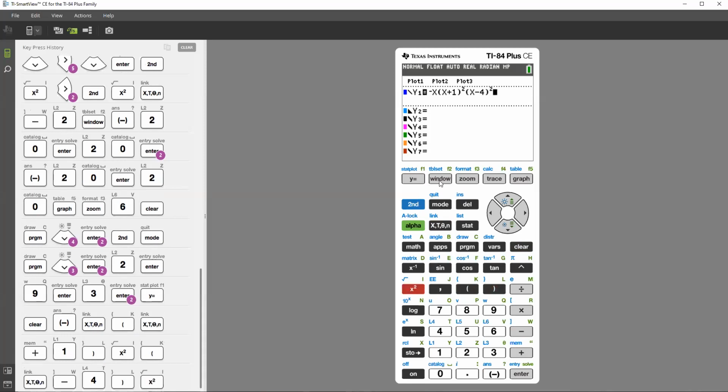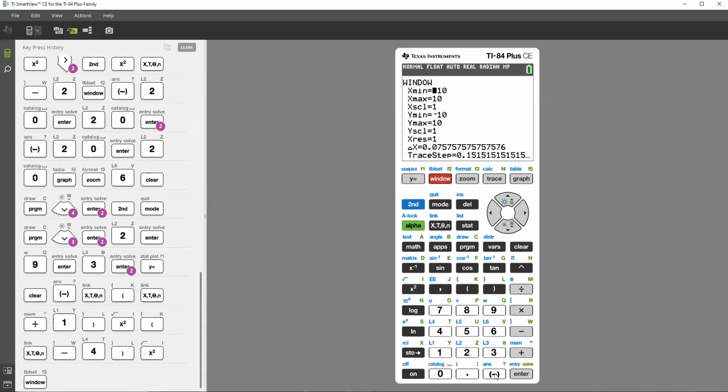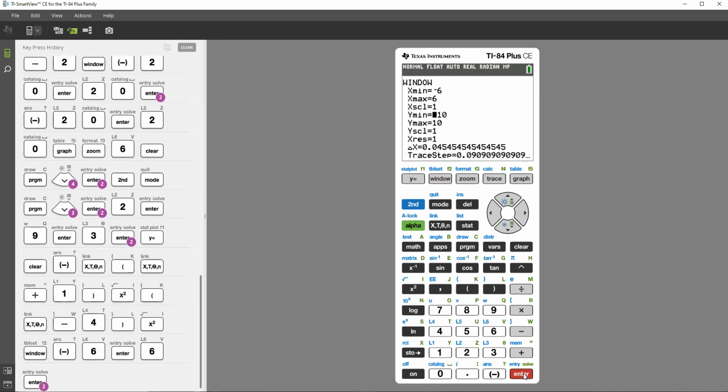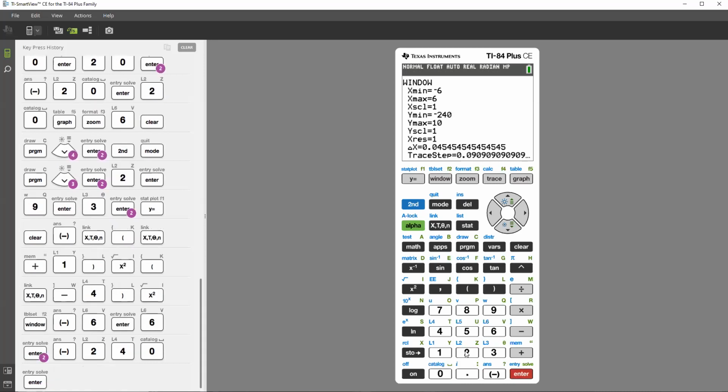So the window needs to go from -6 to 6 on the x's. So I'm going to go -6, enter, +6, enter. Arrow down to the y, it goes from -240 to +240. Now that I got my window set, I'm going to hit graph.